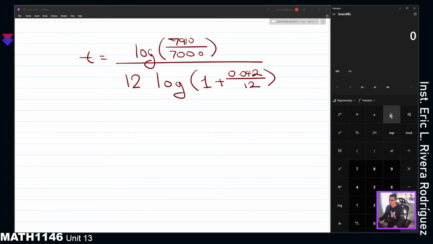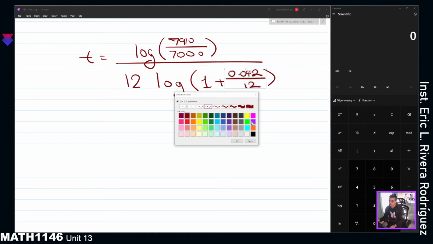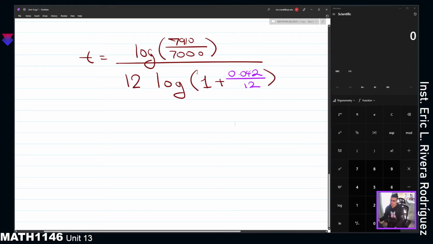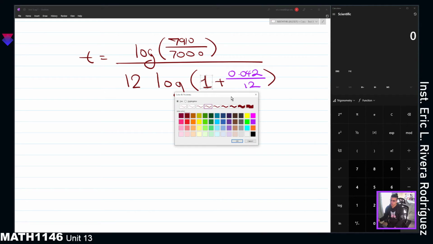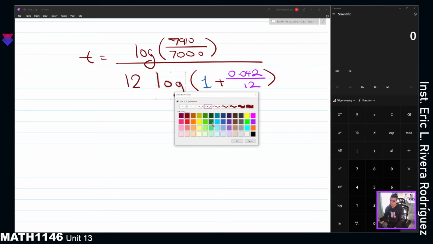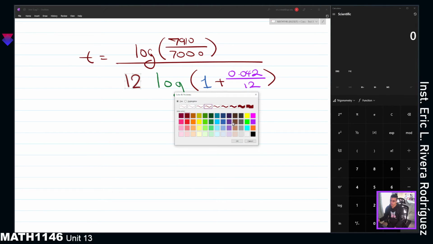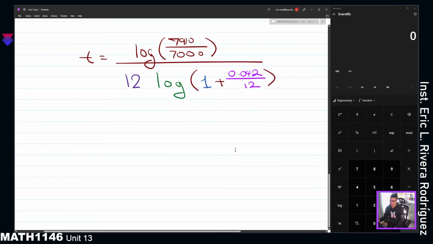Okay, so I will start with the fraction, then I'm going to add 1 to that fraction, then I will do log, then I will divide by 12. So I will start with the denominator.